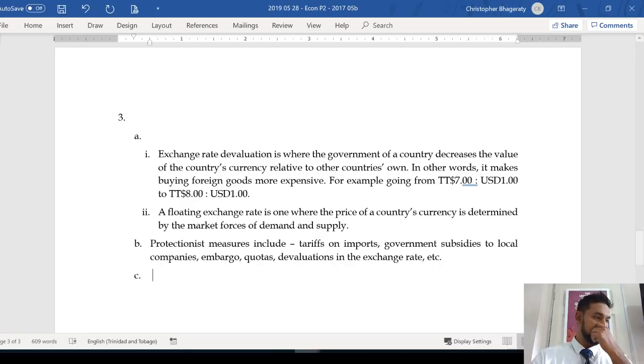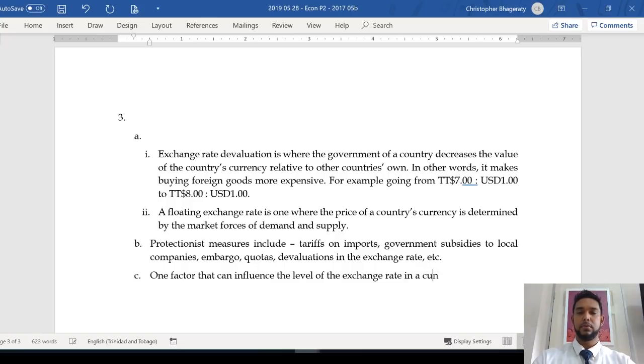Two factors that can influence the level of the exchange rate. So one factor that can influence the level of the exchange rate in a country is the difference in the prices of foreign and local goods, right?